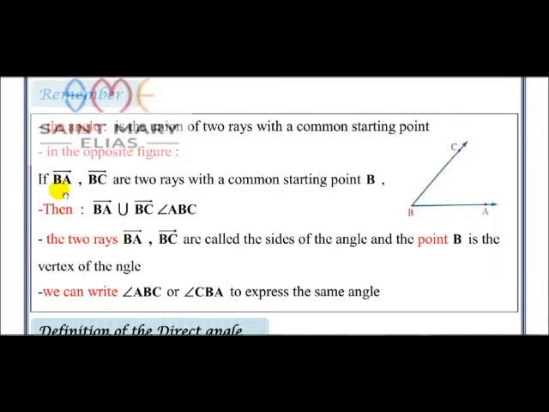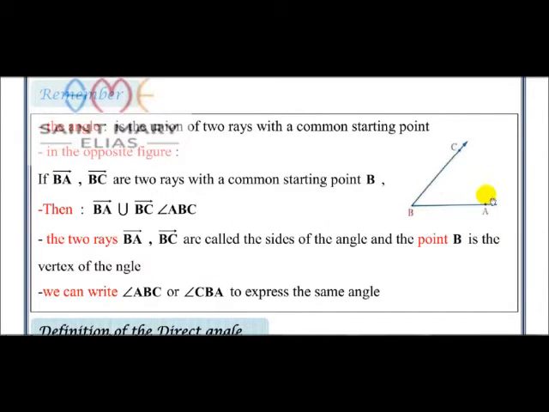If ray BA and ray BC are two rays with a common starting point B, then ray BA union ray BC gives us angle ABC, okay? The rays BA and BC are called the sides of the angle, and we name the point B the vertex.